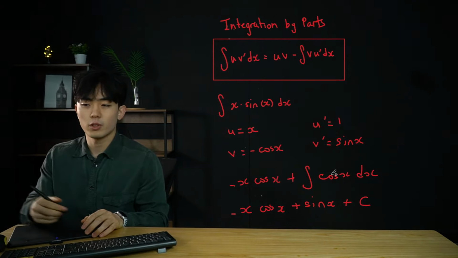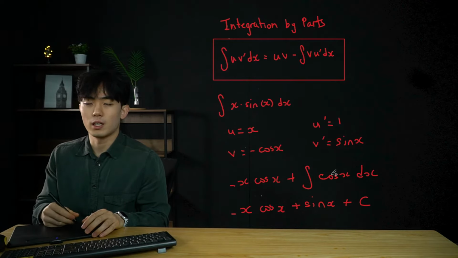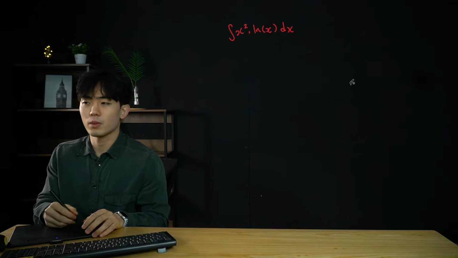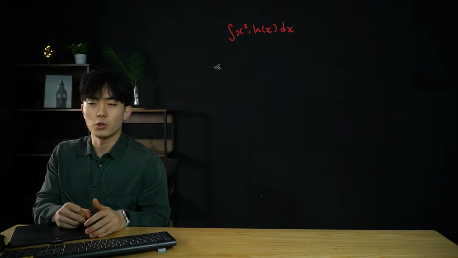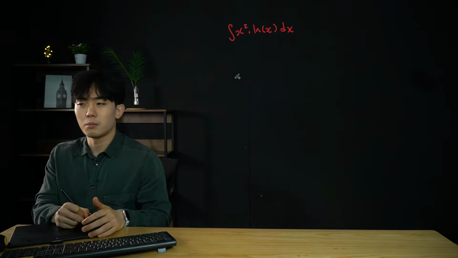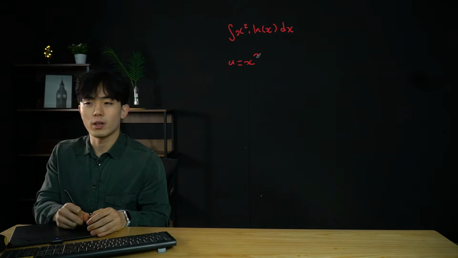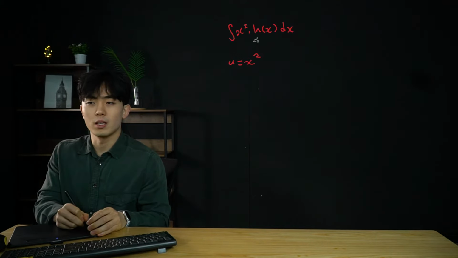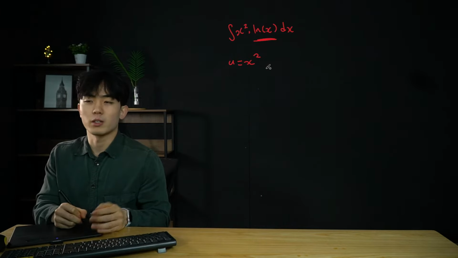If we were to look at something a bit more tricky, for example x squared times ln x. Once again, the difficulty is understanding which one our u is going to be. In most cases, we would put u as x squared. However, if you look at this question, we have this ln x term here, and we can't really integrate ln x.